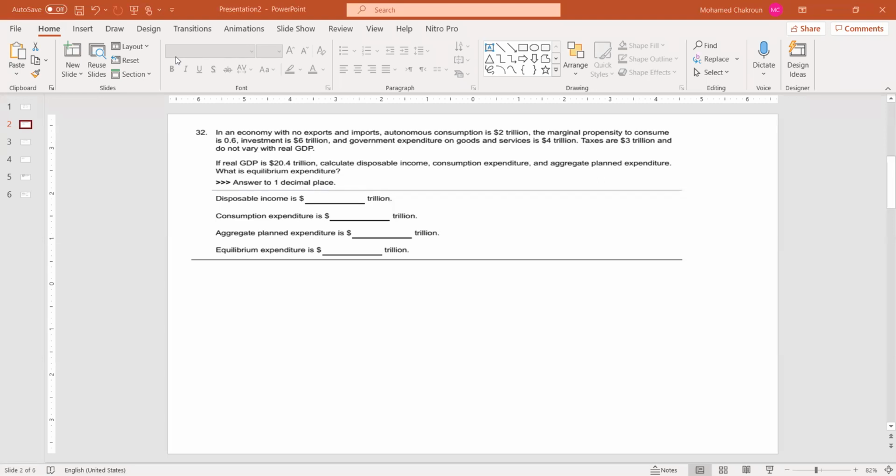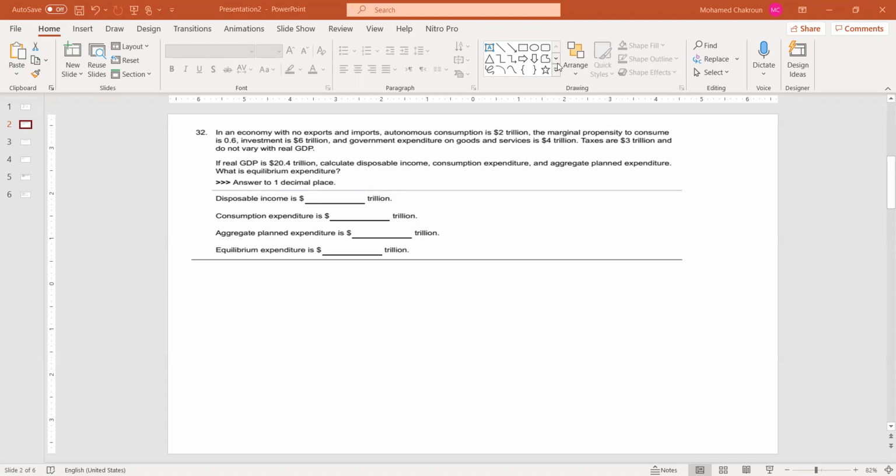Taxes are $3 trillion and do not vary with real GDP. Question: if real GDP is $20.4 trillion, calculate disposable income, consumption expenditure, and aggregate planned expenditure. What is equilibrium expenditure?